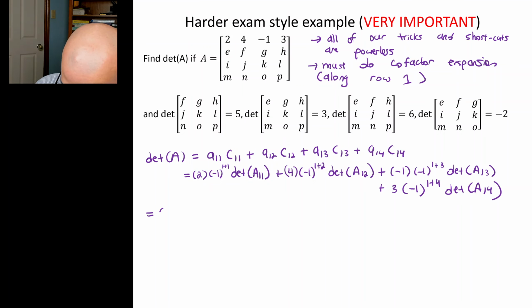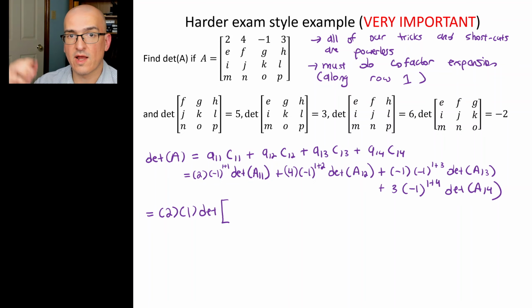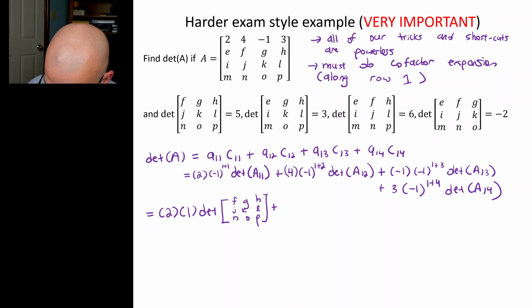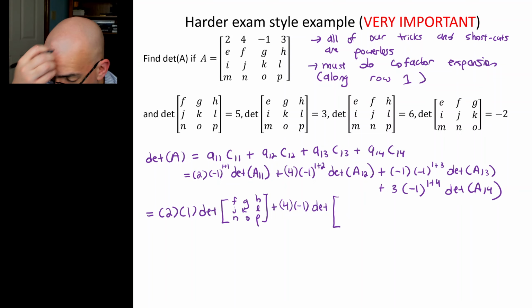Okay, so I have a 2 multiplied by a 1, negative 1 to the power of 2 is just 1, times the determinant of that submatrix that I get when I remove row 1 and column 1. That's the submatrix A11, so it'll be FGH, JKL, NOP, plus I have 4 times negative 1 times the determinant of the submatrix A12.